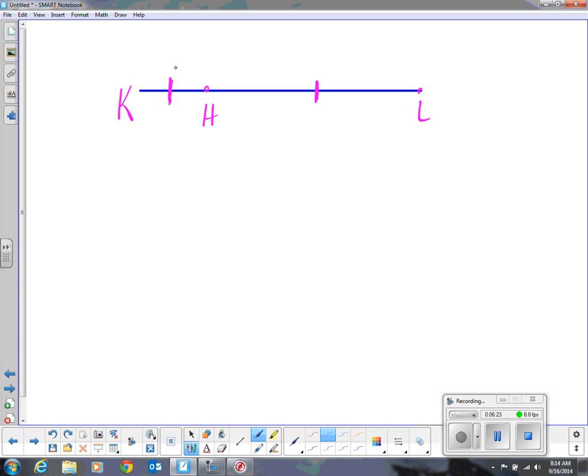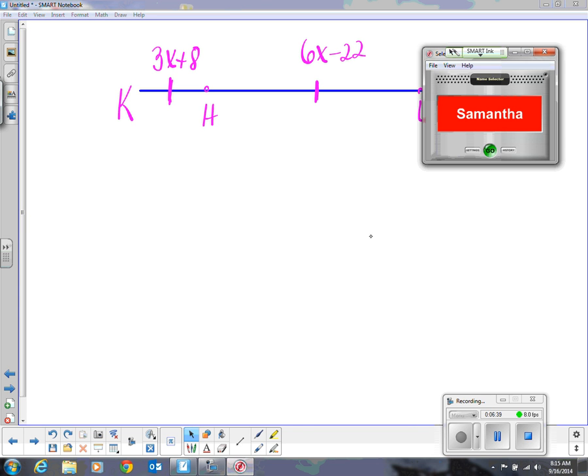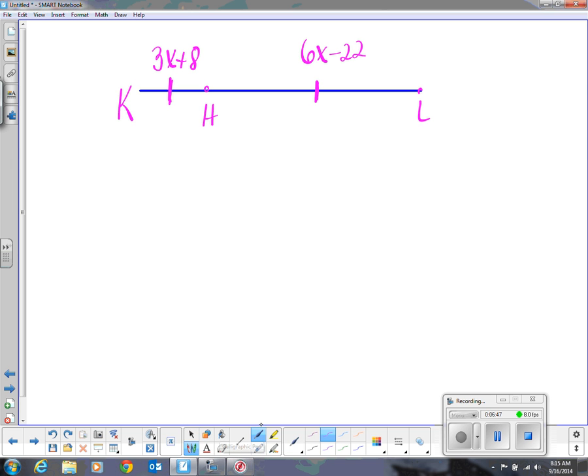No. Then I'm going to put 3x plus 8 over its segment, which is HK, and HL is going to be 6x minus 22. So based on, this is number 4, based on our diagram and our markings, Madison, what's going to happen? What's your equation? It's going to be 3x plus 8.